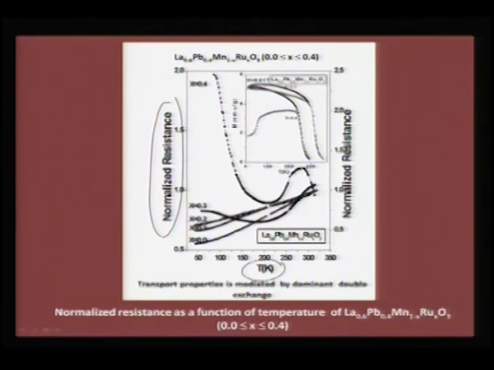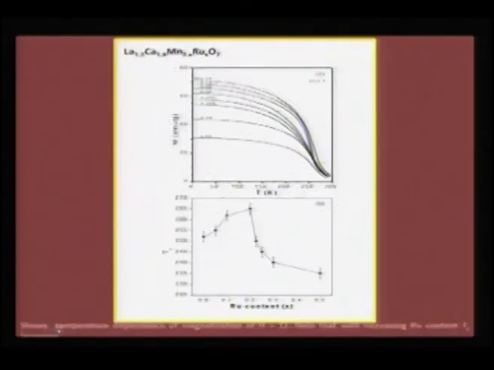As you can see here, even with 30 and 40% ruthenium doping, you can still see this metal-insulator transition, and in these three cases metallic behavior is still seen. So, this is quite unusual for ruthenium doping to show such long range ferromagnetism.